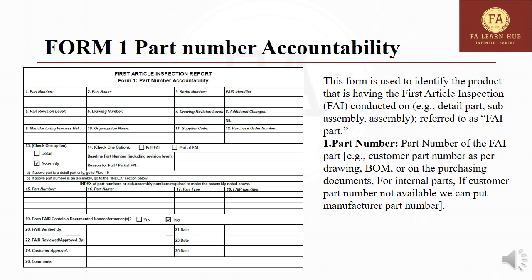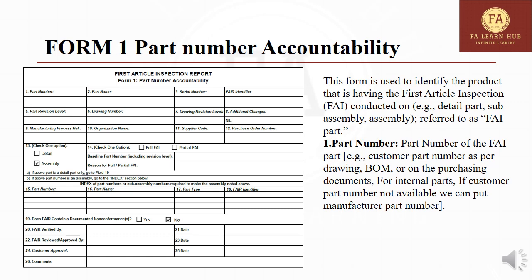Most of the specifications, like IPC and all, say our first priority or precedence shall be the PO. So the part number as per PO, and we will verify whether the part number as per PO and drawings or Gerber DPD are matching or not.